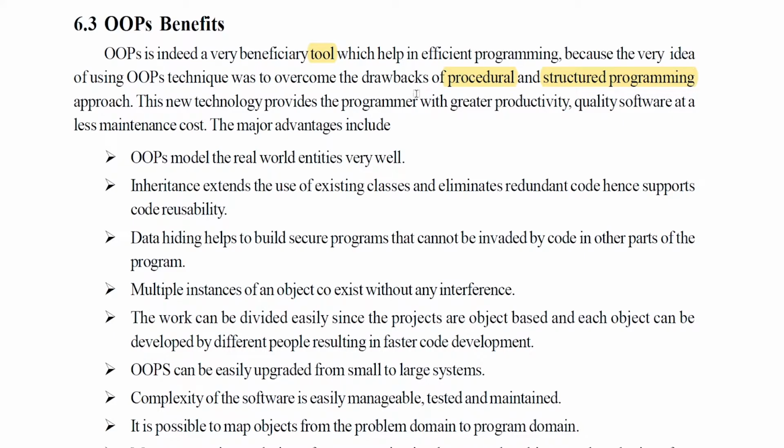There are a lot of disadvantages. The main one is that data security was not there, and implementing was quite complicated. So the new technology provides a programmer with greater productivity and quality software at a lesser maintenance cost. That is the major advantage.